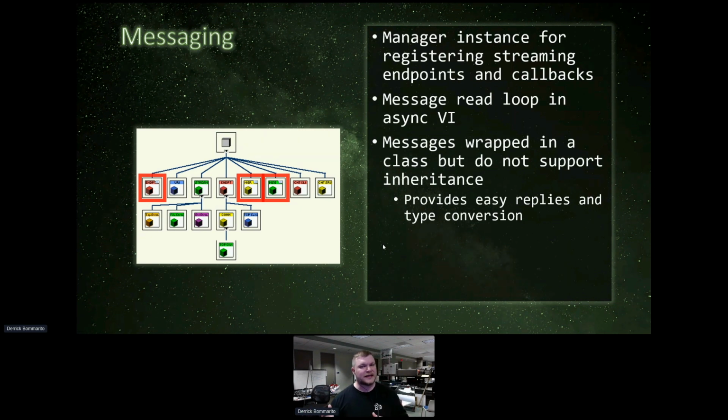So, again, these are all meant to support multiple clients connecting to a server. So if you're on the server and somebody, when they first connect, sends a message that says, hey, give me my initial state, you build that initial state and you use the reply method that's on the message class to make that super easy. And you just send the data right back to the person that asked for it.